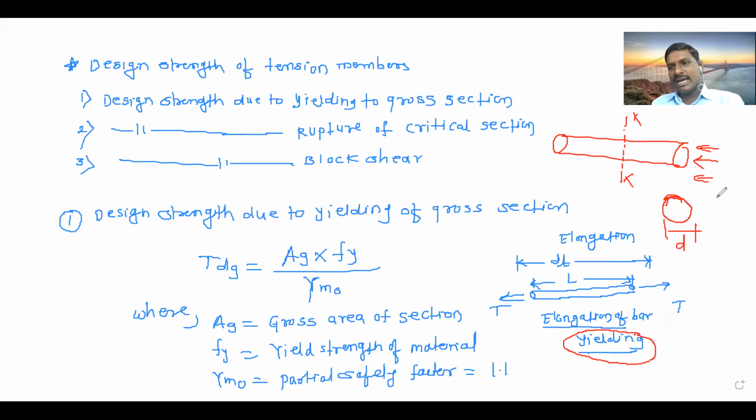So this is your cross section. तुम्ही कट केला आणि एका डायरेक्शन पाहिल्यानंतर हा क्रॉस सेक्शन दिसला. So pi by 4 into d square is the area. This is the cross sectional area. And gross is nothing but the same. तेच आहे gross मध्ये पण.